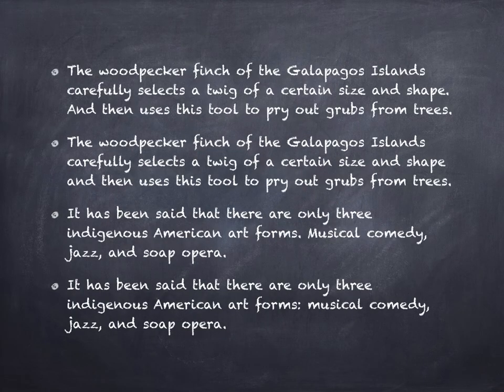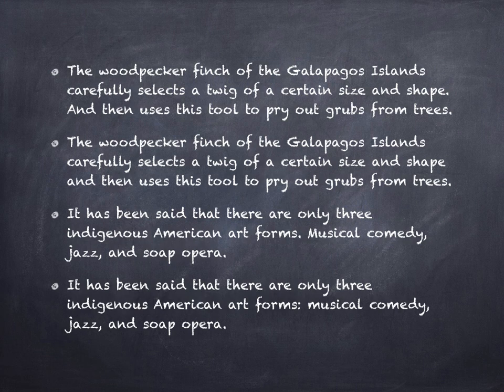Here's another example. The woodpecker finch of the Galapagos Islands carefully selects a twig of a certain size and shape, and then uses this tool to pry out grubs from the trees. Okay, this part is awkward sounding.